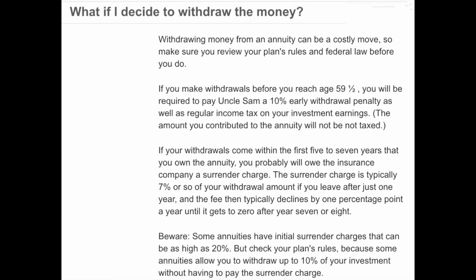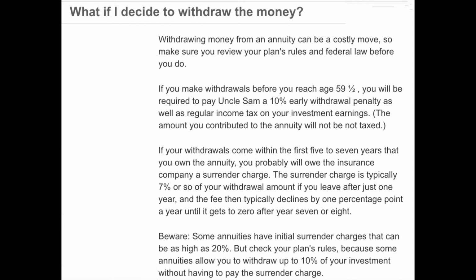If you withdraw within the first 5 to 7 years that you own the annuity, you probably owe the insurance company a surrender charge. Surrender charge is typically 7% of your withdrawal amount if you leave just after 1 year.